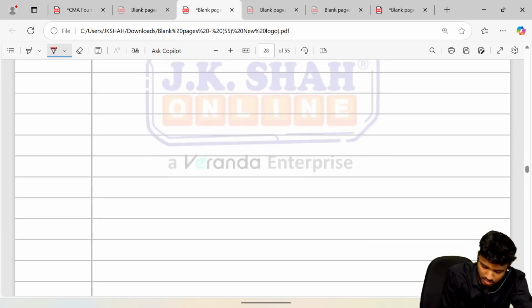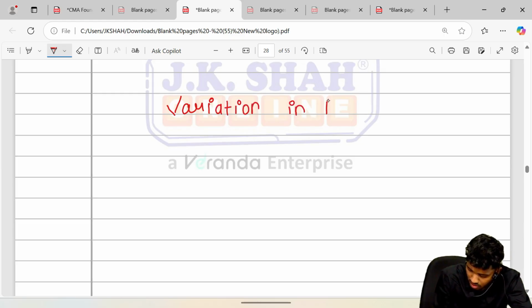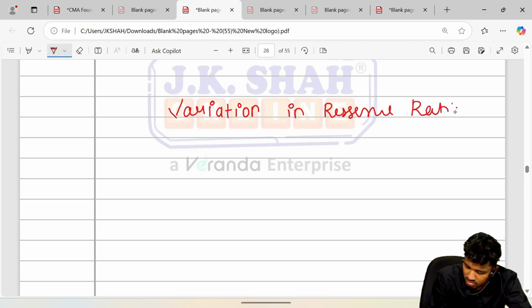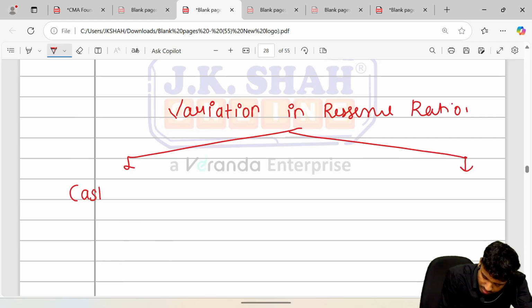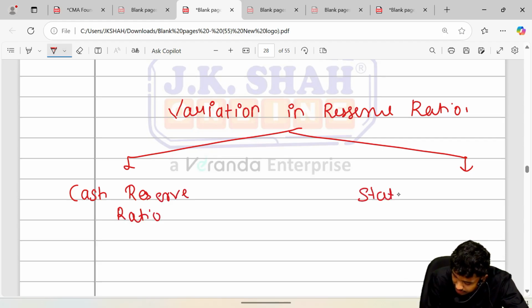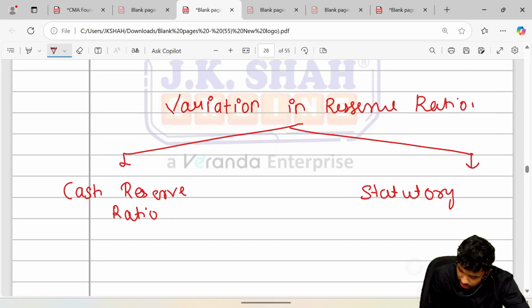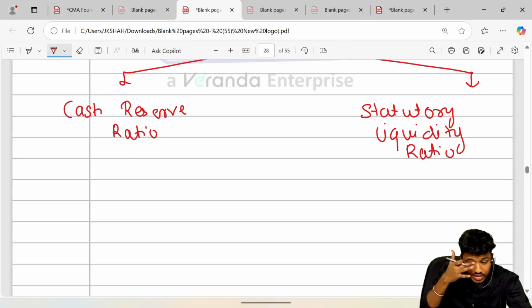One is something which is called cash reserve ratio, and another one is something which is called statutory liquidity ratio. What is cash reserve ratio and what is statutory liquidity ratio? You'll have to understand. I'll tell you.